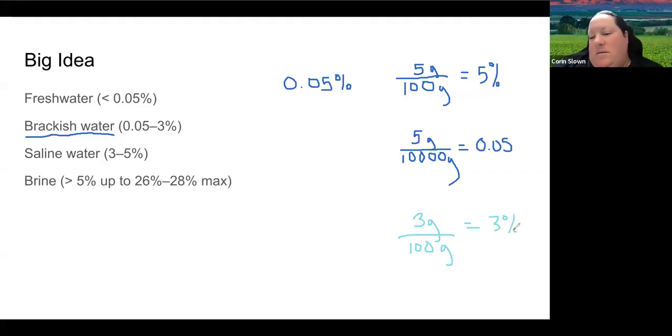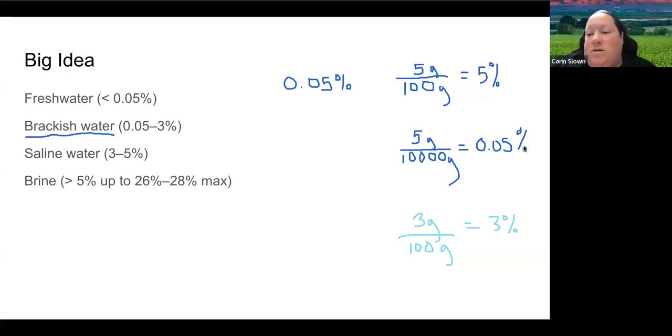So if you want to know whether or not something is pure fresh water, or if it's brackish or could be considered a halocline, then you would be looking for concentrations that are in these ranges.